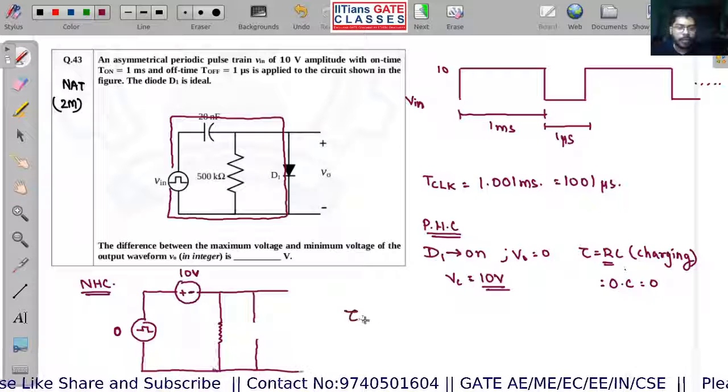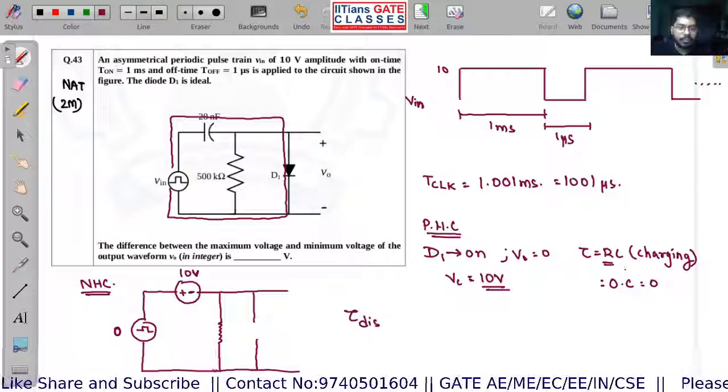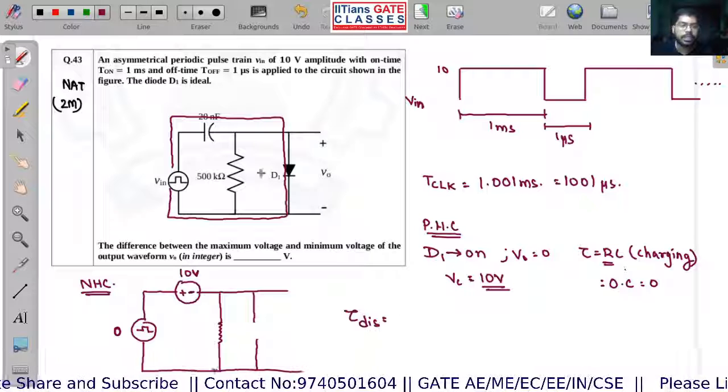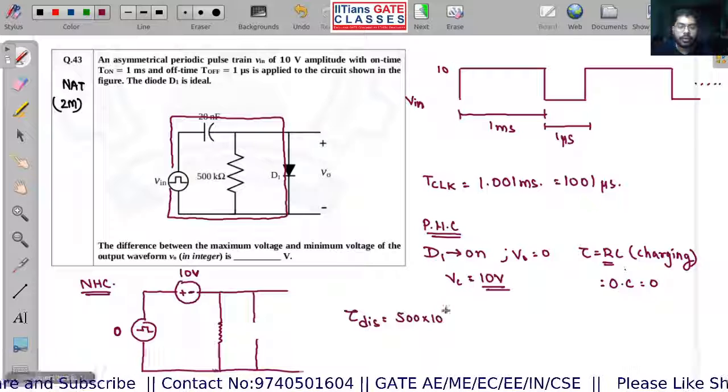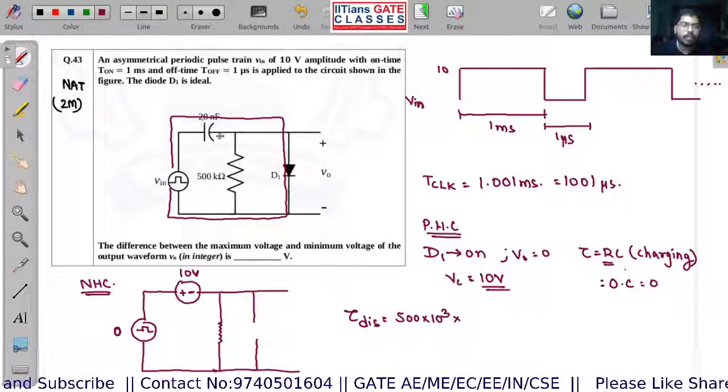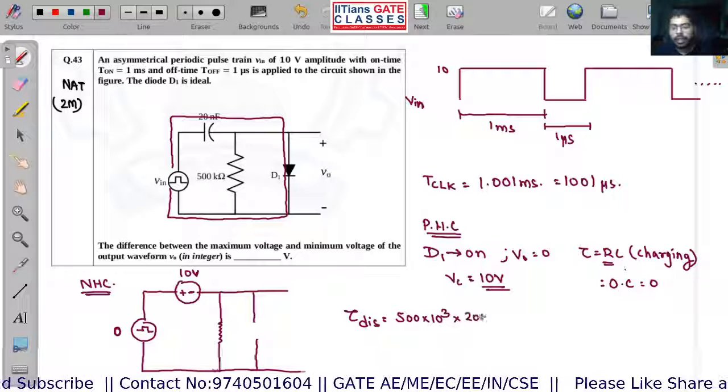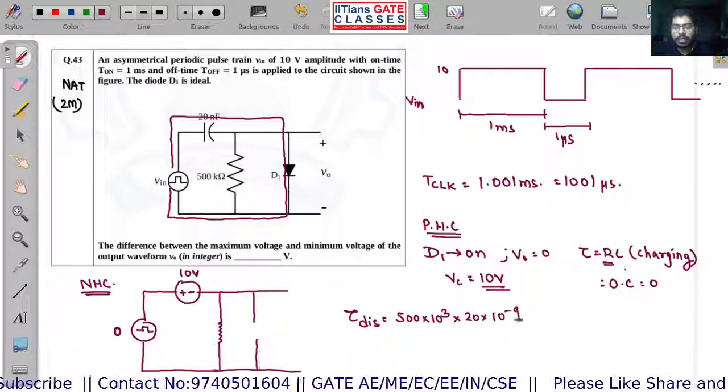And what will be the time constant of discharging? It will be R into C. What is R? It is 500 kilo ohm, so 500 into 10 to the power 3. What is the value of the capacitor? It is 20 nanofarad, 10 to the power minus 9.